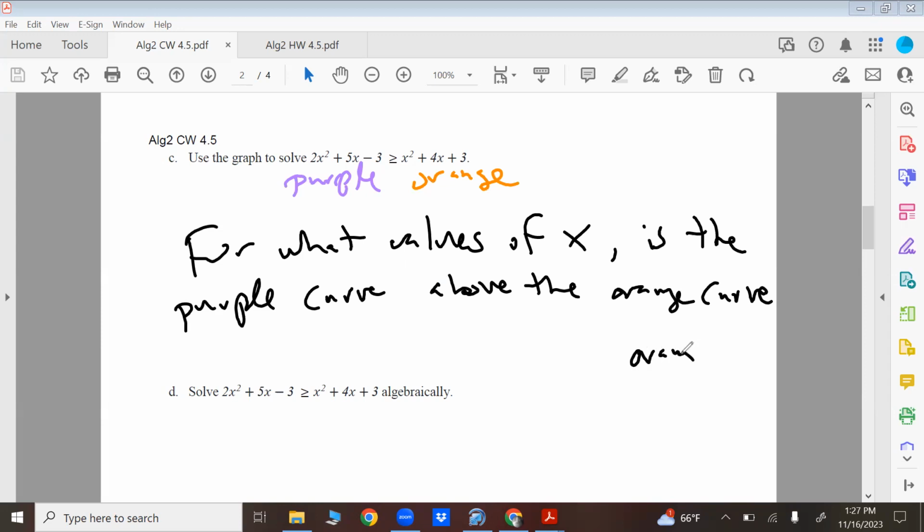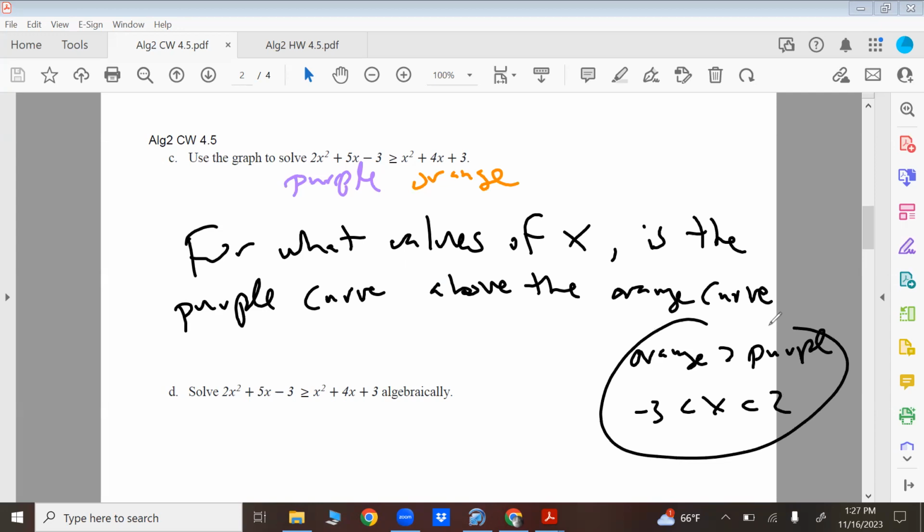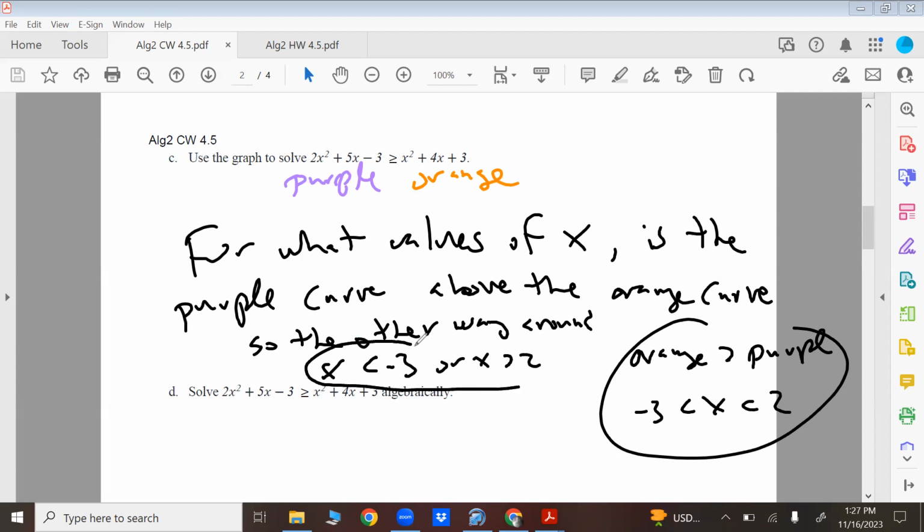So orange was greater than purple when x is between -3 and 2, right? We said that already. So if the other way around, exactly, thank you, Jack, that's perfect. So the other way around, x is less than -3 or x is greater than 2.